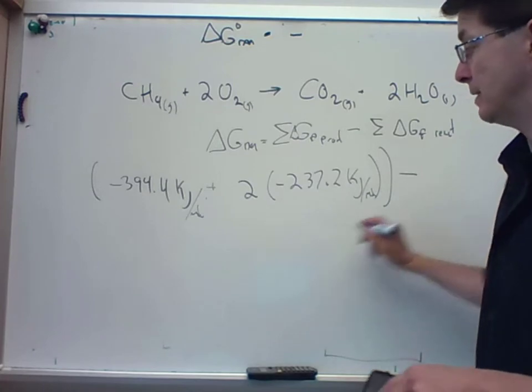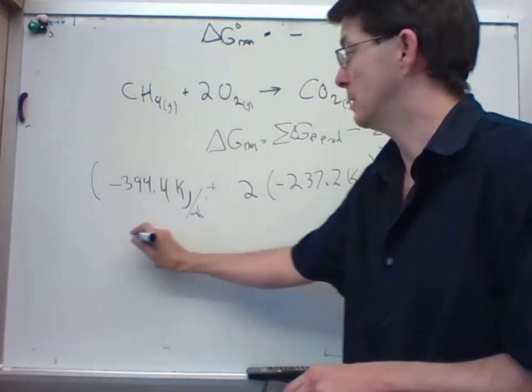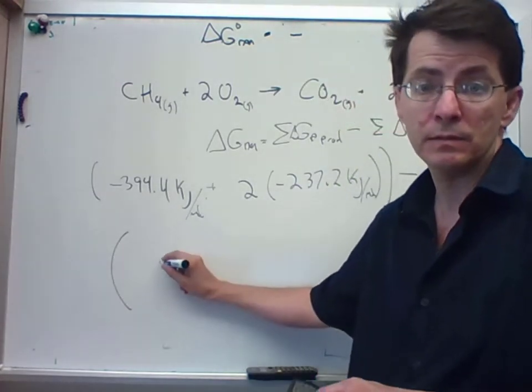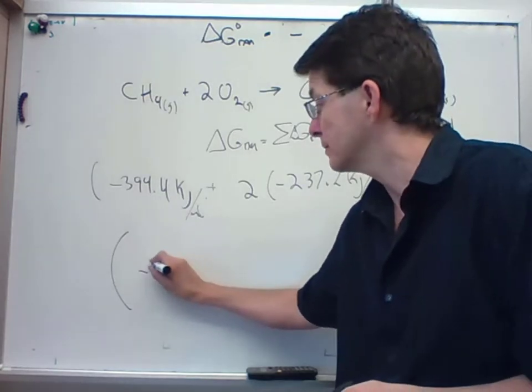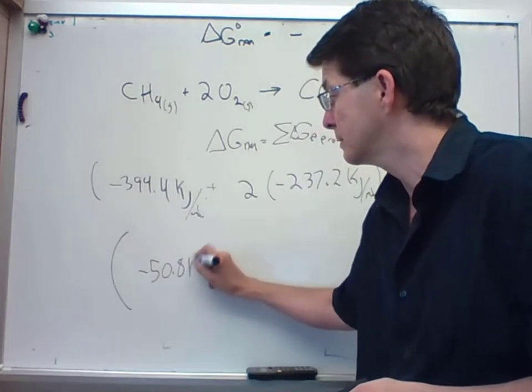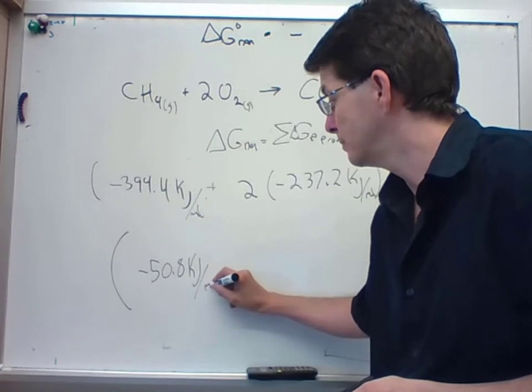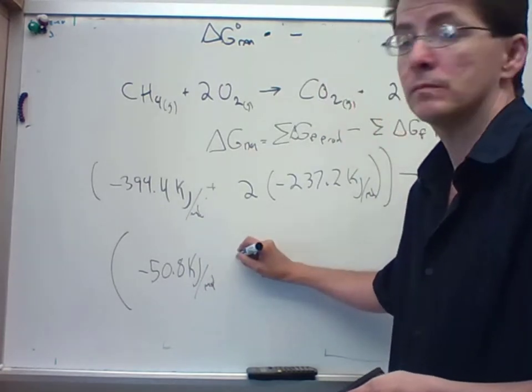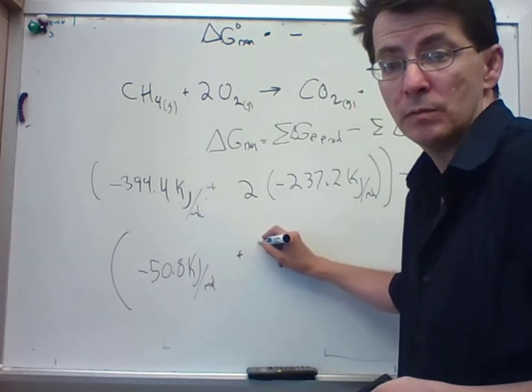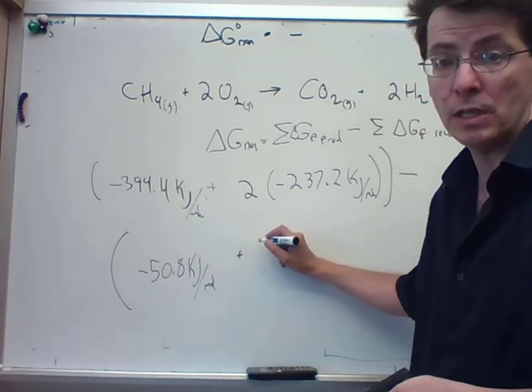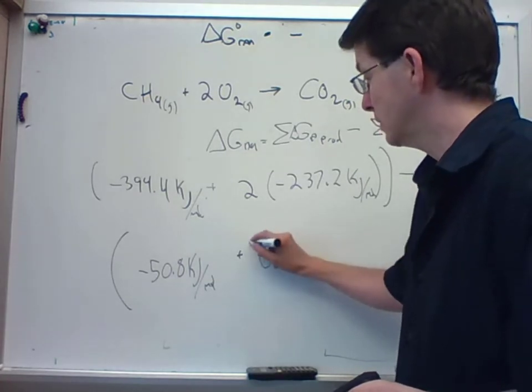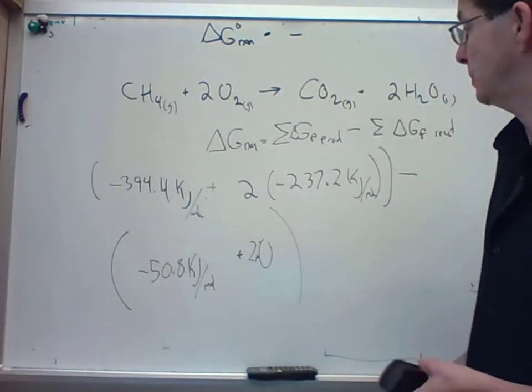All of that minus the methane, which is negative 50.8 kilojoules per mole, plus the oxygen. Oxygen has a delta G of 0, times 2, which makes it simple.